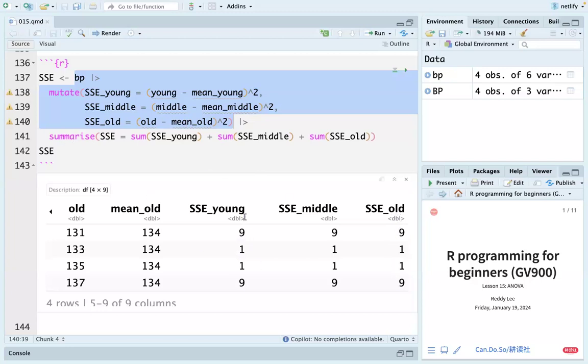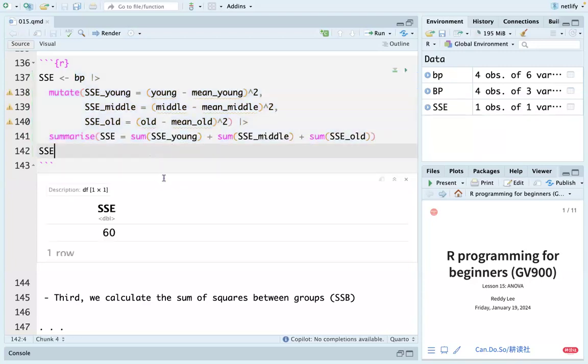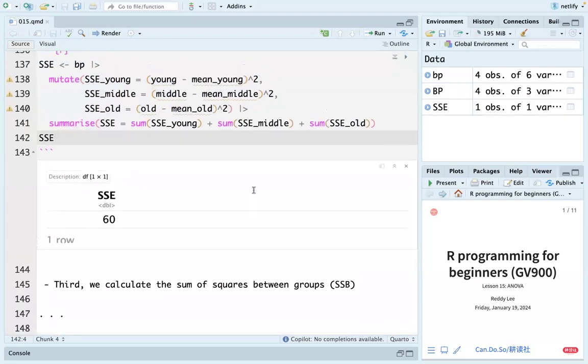Then we summarize it, add this together, we got this. Okay, we got 60 and we save it to SSE.